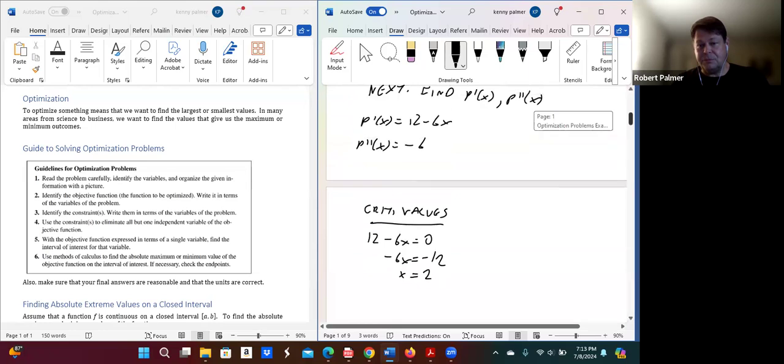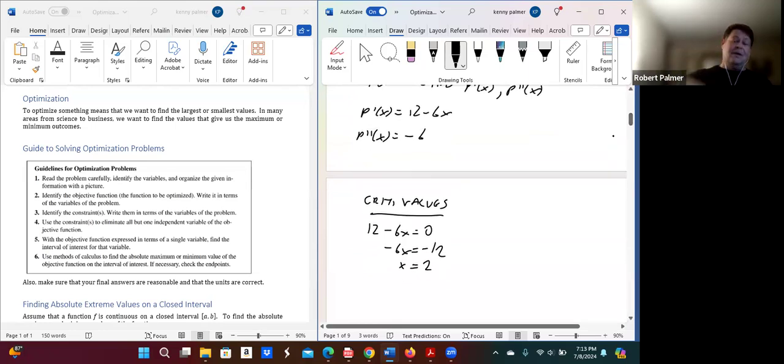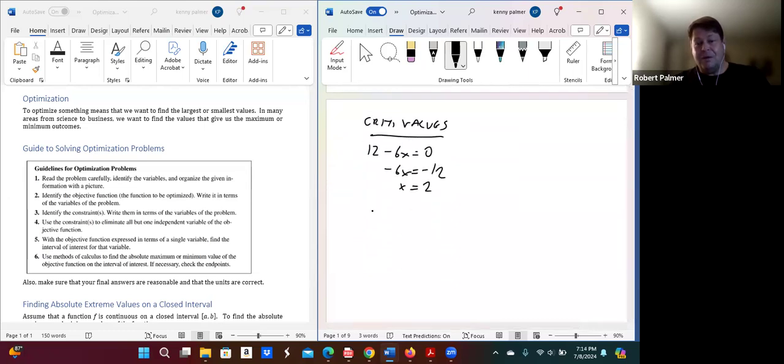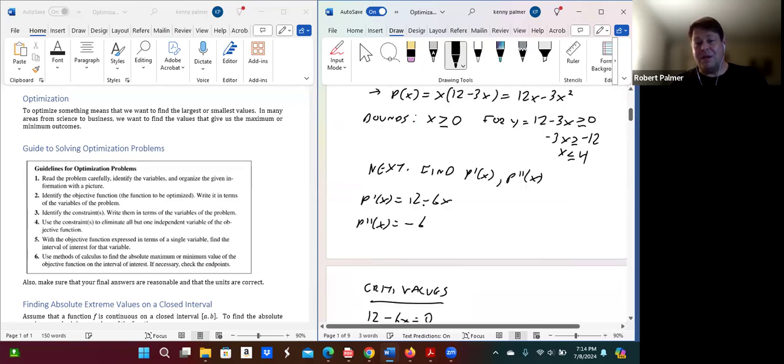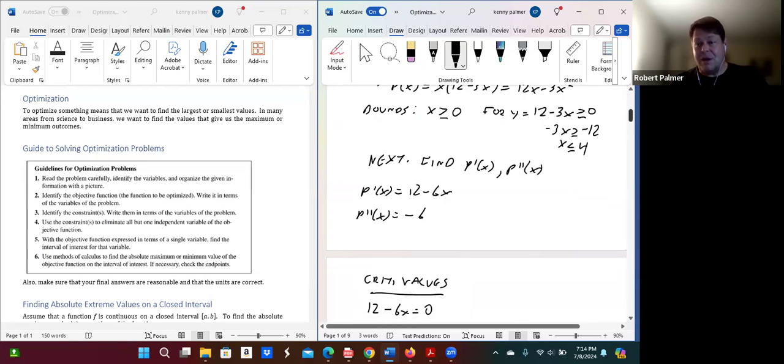So we want to find a maximum or minimum. That's where it's going to be. Now, let's use the second derivative test to tell whether this is a maximum or minimum. Remember, we plug this into the second derivative and find out what the sign is. So p double prime of 2: remember, the second derivative is just negative 6, always negative 6 as a constant.